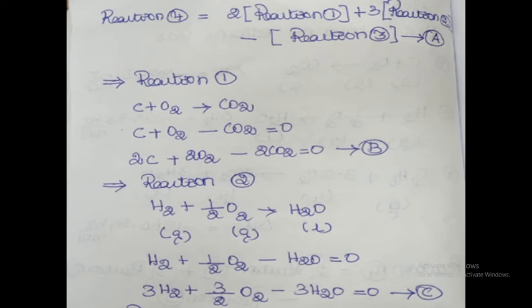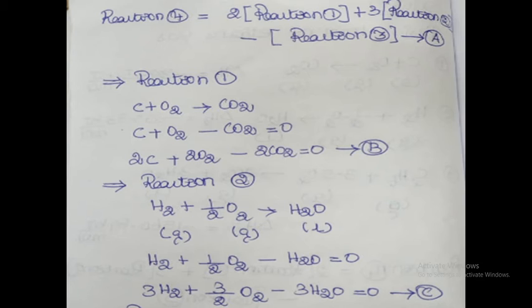Which one is the rest of the reaction? Reaction number 3. Then we will get the standard heat of formation of ethane gas reaction, that is reaction number 4. As per the procedure, reaction 4 is equal to 2 into reaction 1 plus 3 into reaction 2 minus reaction 3. This is equation capital A. Are you clear or not?